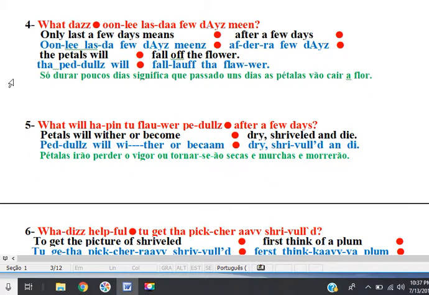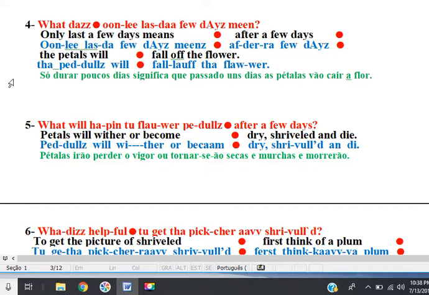Line 4. Only last a few days means after a few days, the petals will fall off the flower.